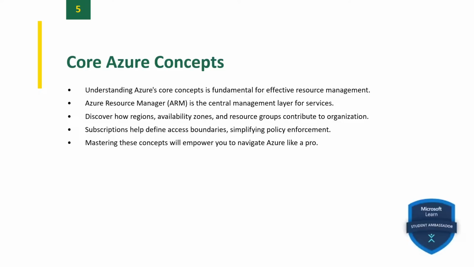Key features: Declarative templates. ARM allows you to deploy resources using JSON-based templates known as ARM templates. These templates define the desired state of your infrastructure and can be reused to deploy identical environments.